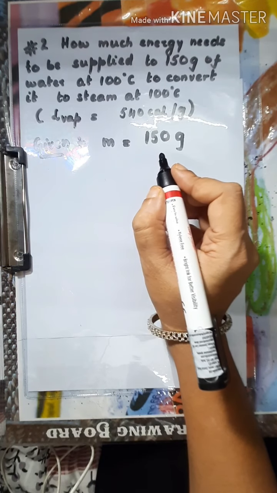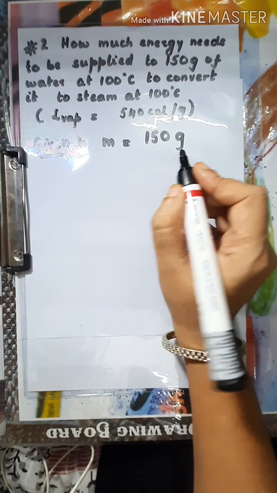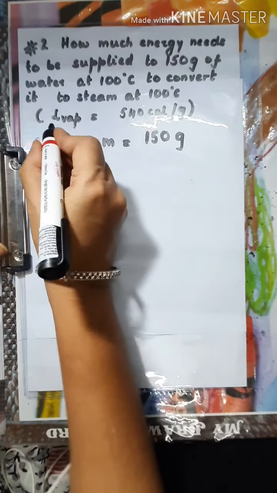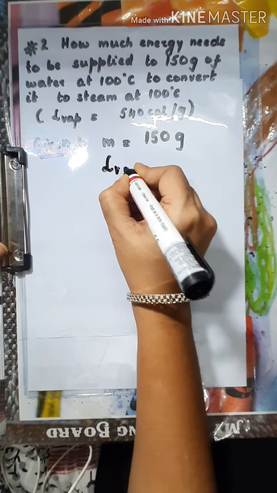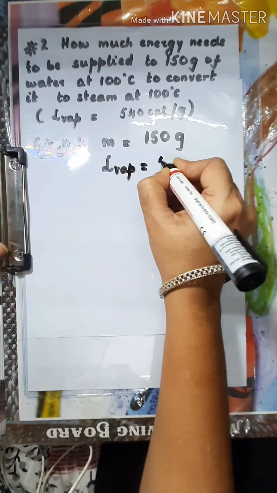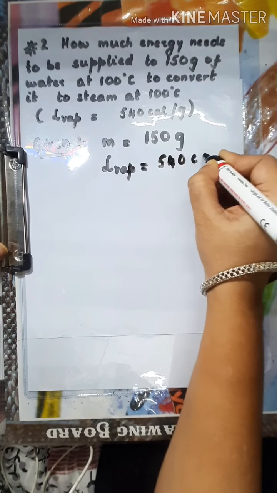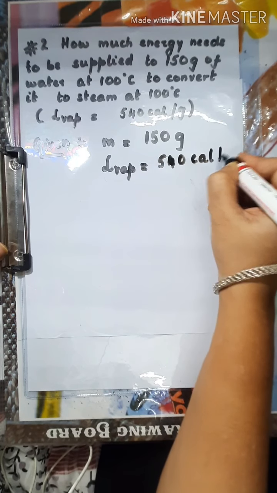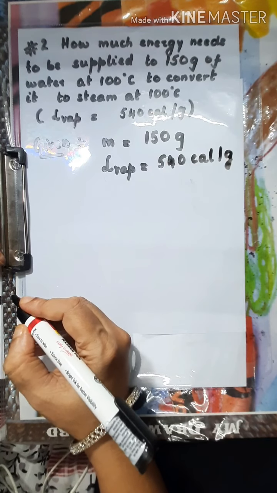Because I am converting the state. I am not increasing the temperature. Since I am changing the state, I require latent heat of vaporization. If it is not given to me, you have to know latent heat of vaporization is 540 cal per gram, right?